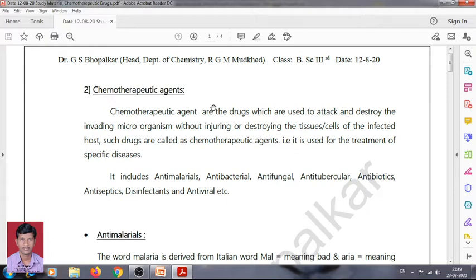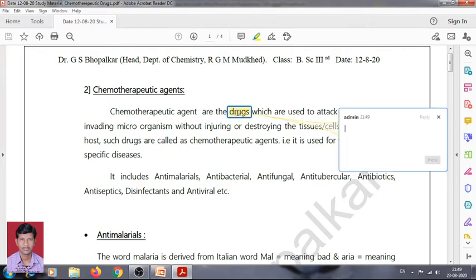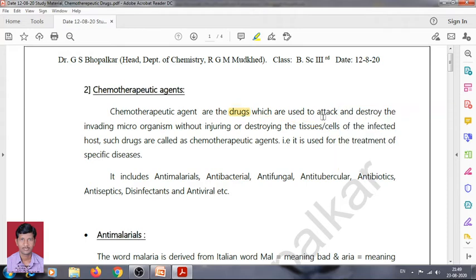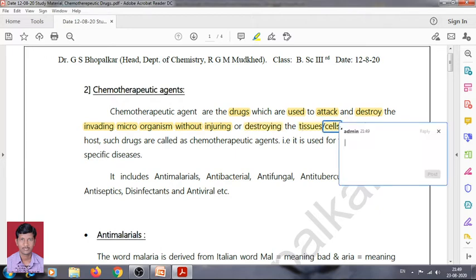What are chemotherapeutic agents? We have already learned the definition. The chemotherapeutic agents or chemotherapeutic drugs are those drugs which are used to attack and destroy the invading or infected microorganism without injuring or destroying the host tissues or cells.